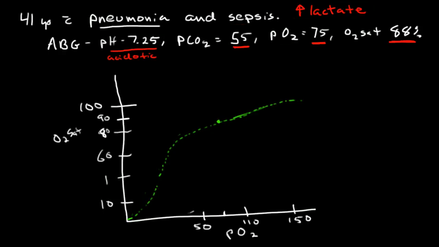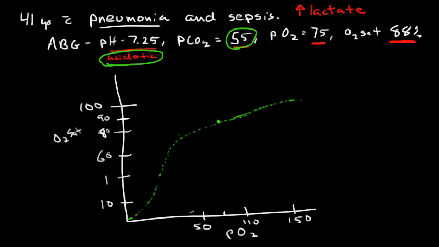Now, this patient is going to have a right-shifted oxygen hemoglobin dissociation curve. And how do I know that? Because I know that patients that are acidotic and patients that have hypercarbia are going to have a right shift in their oxygen hemoglobin dissociation curve.